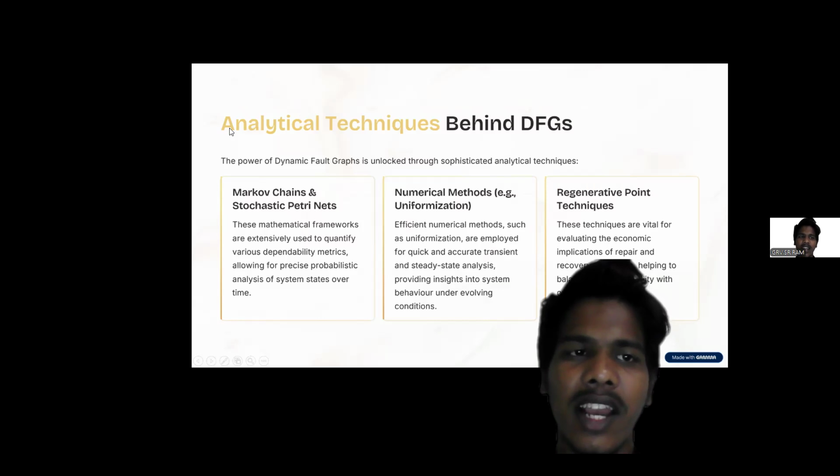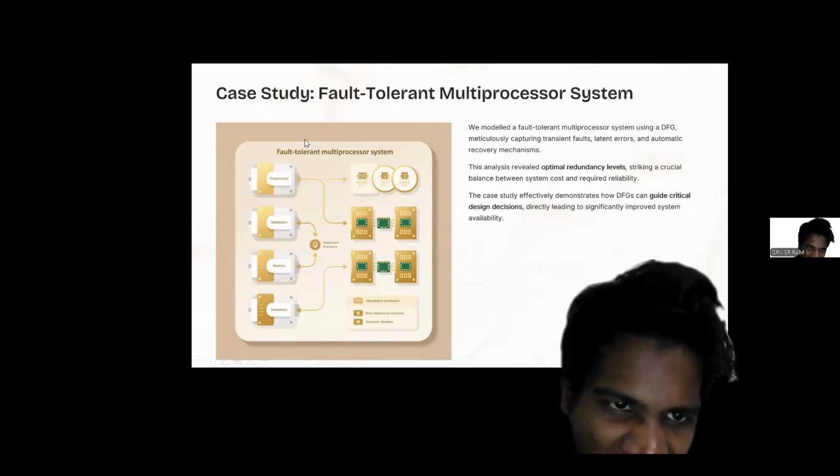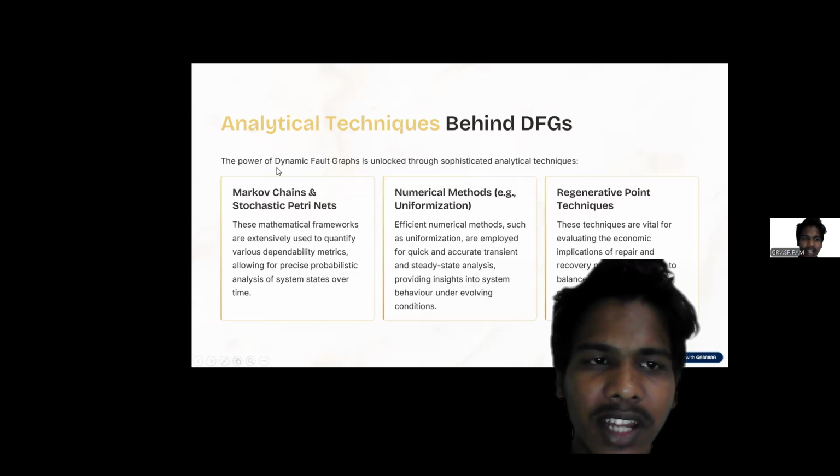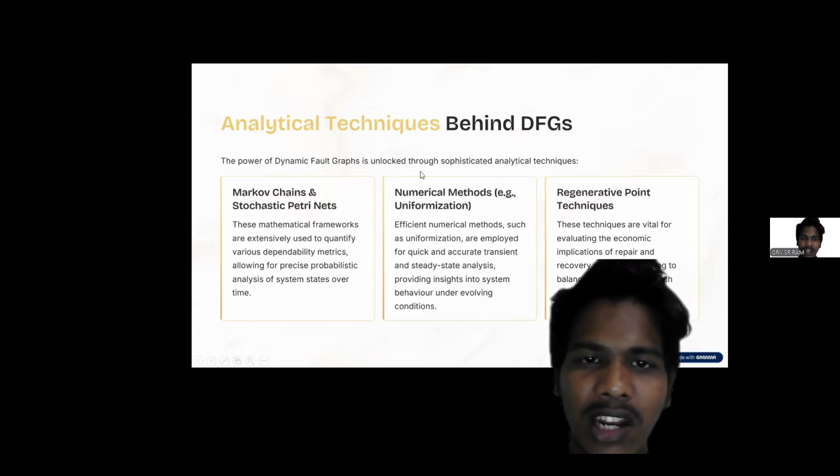And next, analytical techniques behind DFGs. The power of dynamic fault graphs is unlocked through sophisticated analytical techniques.